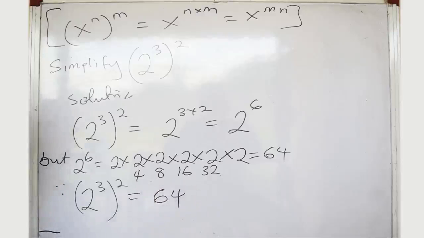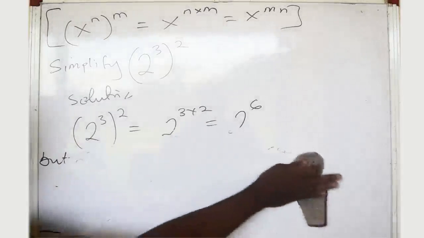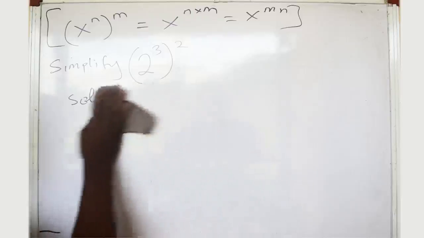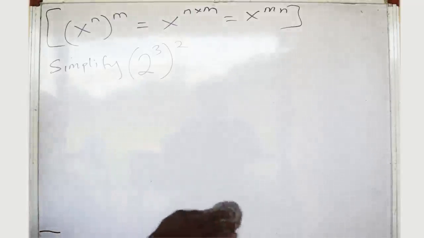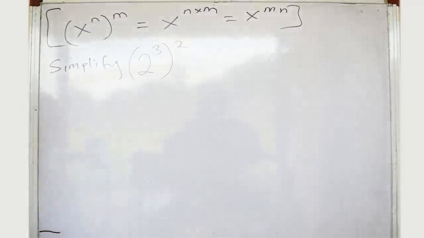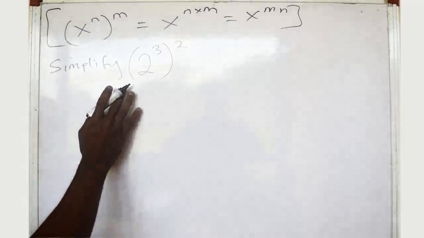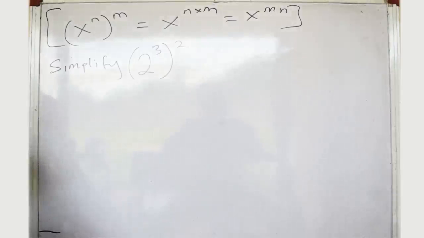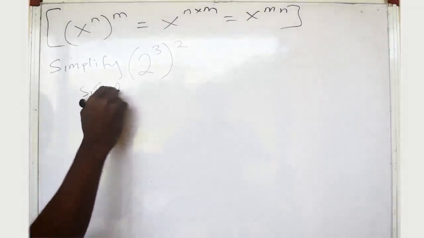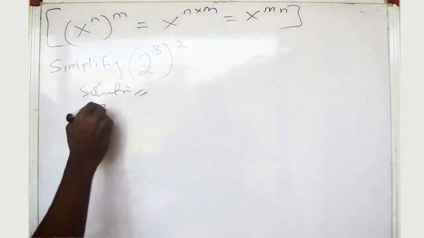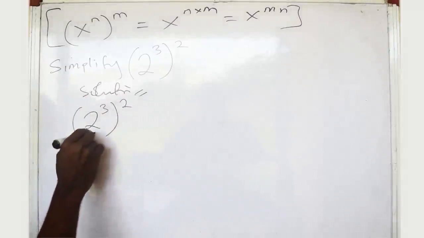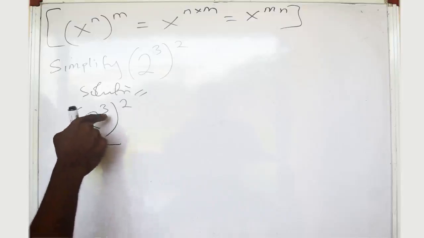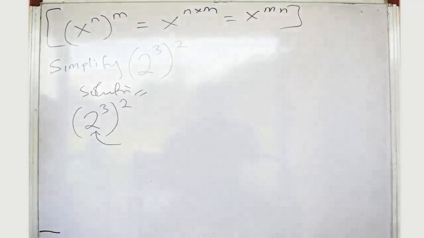So the alternative method is, let's check if this will give us the same thing. Of course, if it doesn't give you the same thing, I advise you to quit watching my channel and go to another channel. But the alternative method to this will be the same solution. So we have 2 raised to the power 3, all raised to the power 2. For now, let us solve the one inside the bracket first.